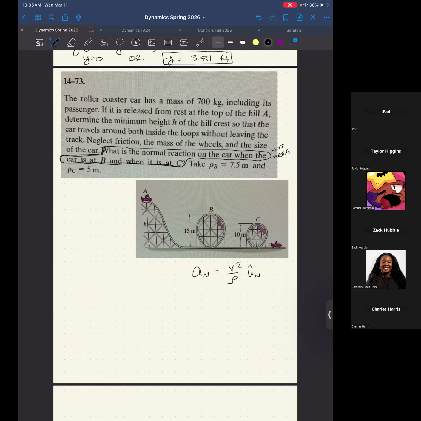Also, it's asking us about forces, so we know we're probably going to have to sum forces. So what's going to end up working really well is if we sum forces in the normal direction equal to v squared over rho m times u hat n.